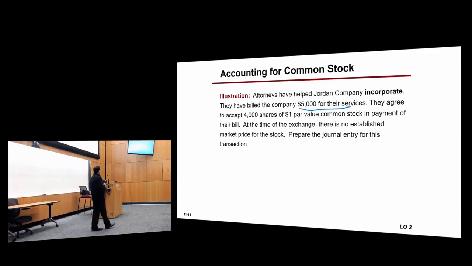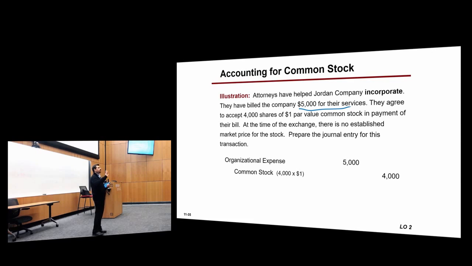Okay? So in this case, the company will use the $5,000, right? Because it is easier to determine. So organizational expense would be debited $5,000. The company issued stock, so common stock would be credited $4,000.